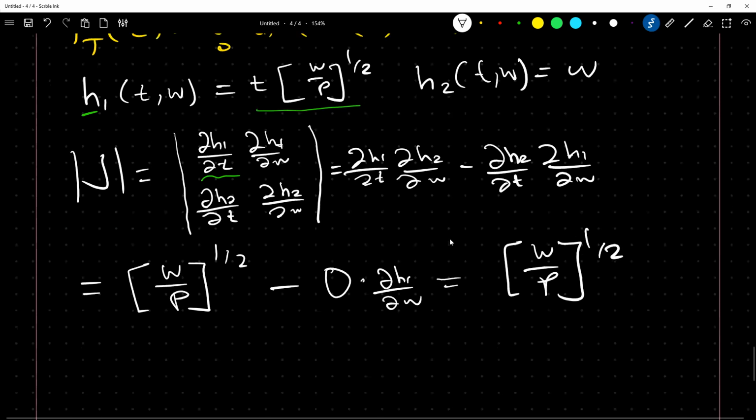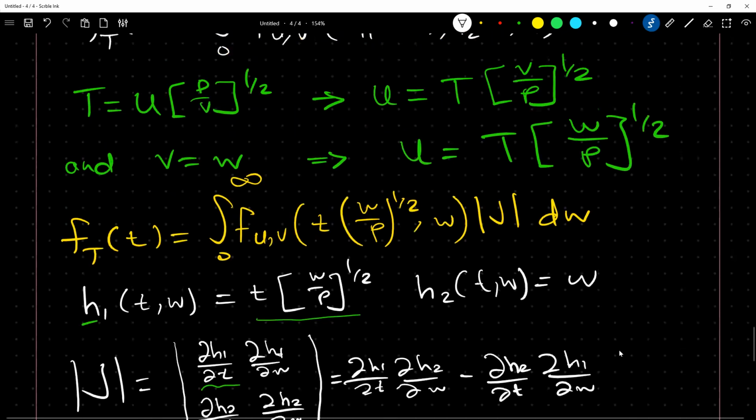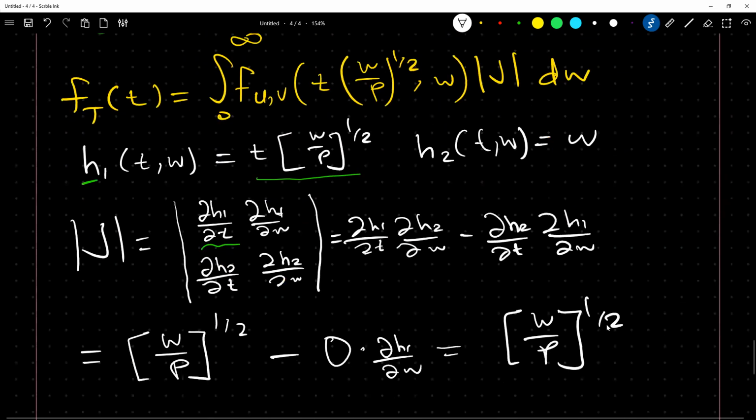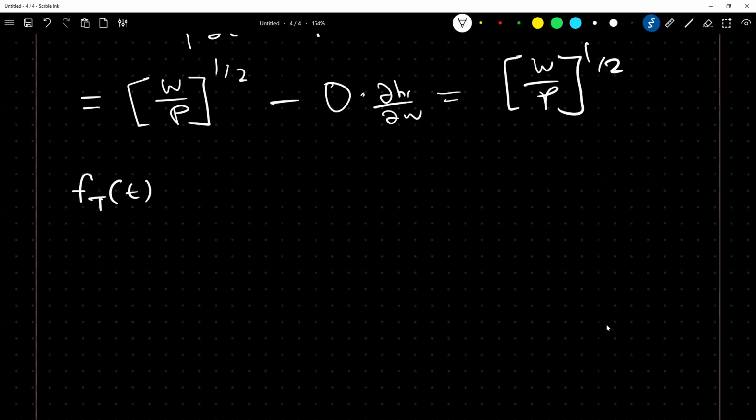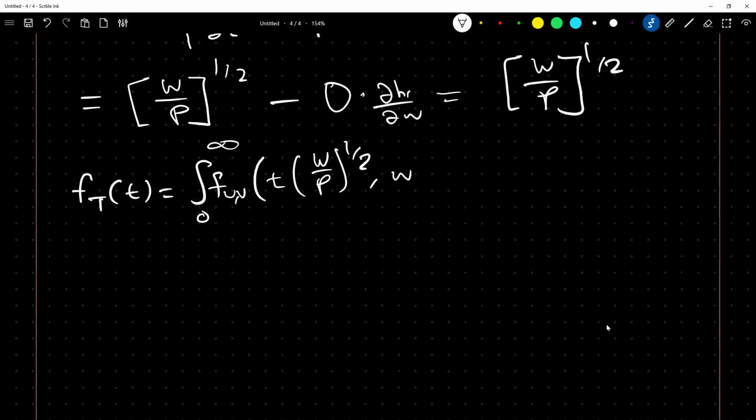And so now I can write down this expression, and I'm going to get this from 0 to infinity, f of U,V. And then here I've got T over the square root of W, and then my Jacobian over here.